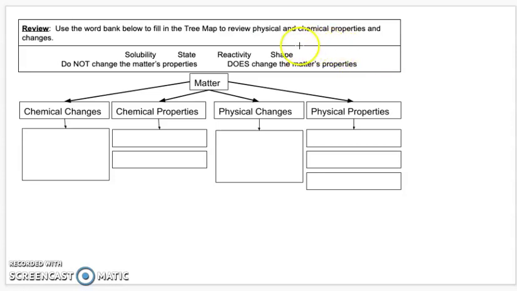So you need to, right up in the top up here where I'm writing this, write flammability, as that is also a choice for your boxes. So now we need to figure out which of these are filled with which of these. Press pause to do this, press play to begin again.